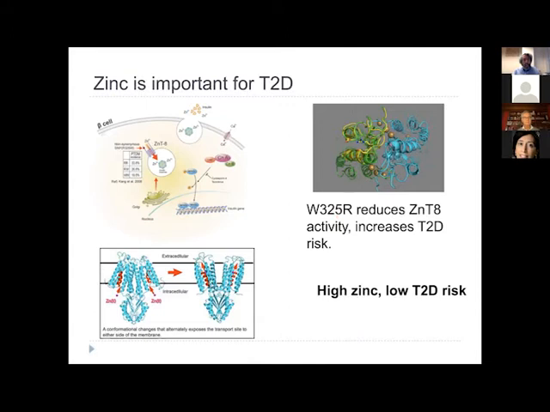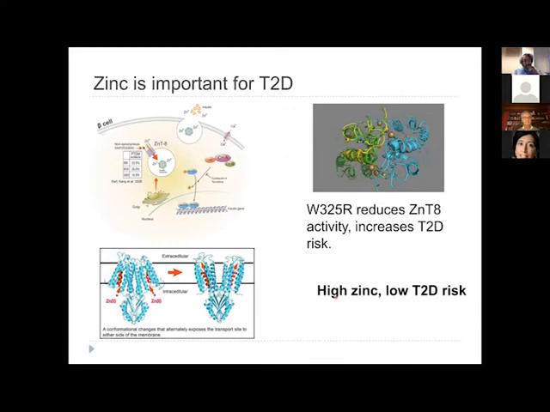T2D risk. For example, this particular mutation, W325R, is suggested to reduce the activity of the zinc transporter, which means the mutation will reduce the zinc inside the granule, and there is a slightly elevated T2D risk.